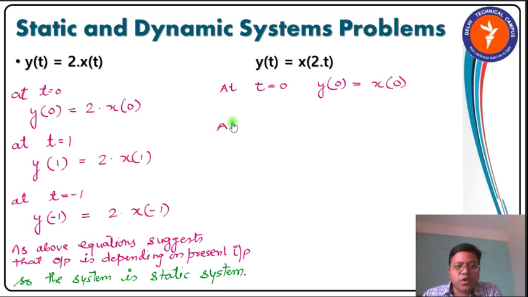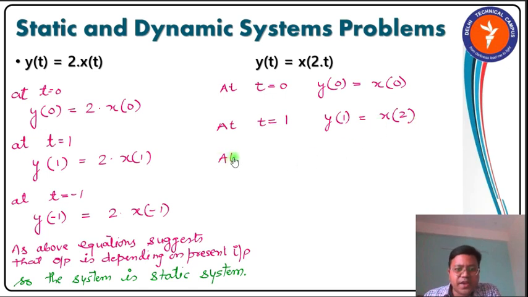Let us put some more instants. At t = 1, we have y(1) = x(2 into 1), which will be x(2). So this equation is suggesting that the present output is now dependent on a future input, whereas the initial equation was saying that the present output was dependent on the present input.